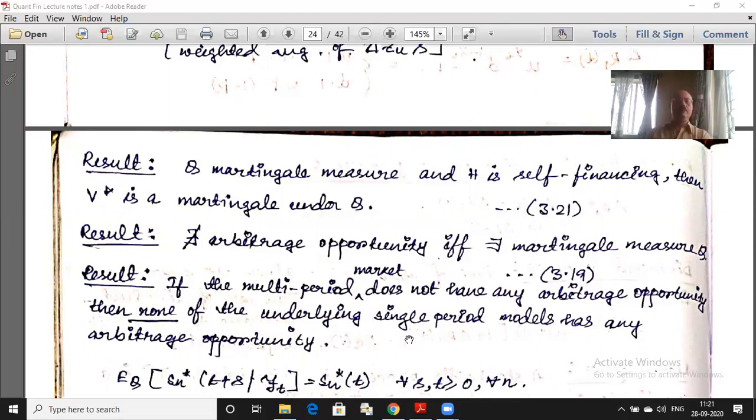And this is a one-way result. What can we say about the other direction? Do I need to prove the other direction? You see, it's an if-then result. So I did not write if and only if. Is the other direction needed to be proved?